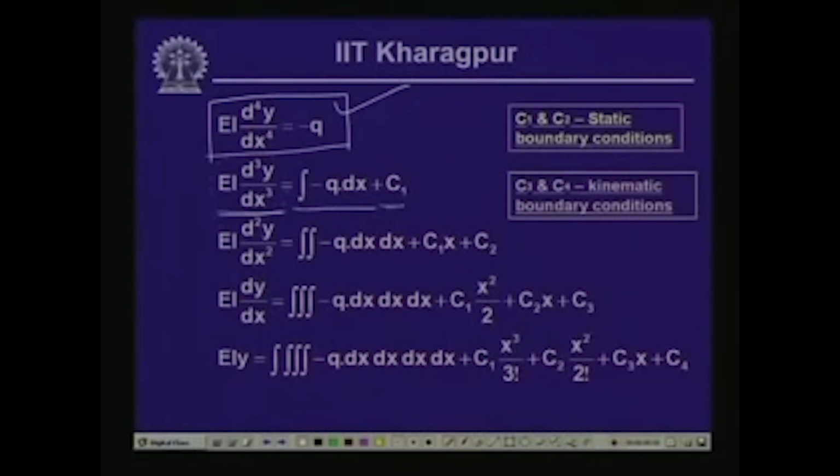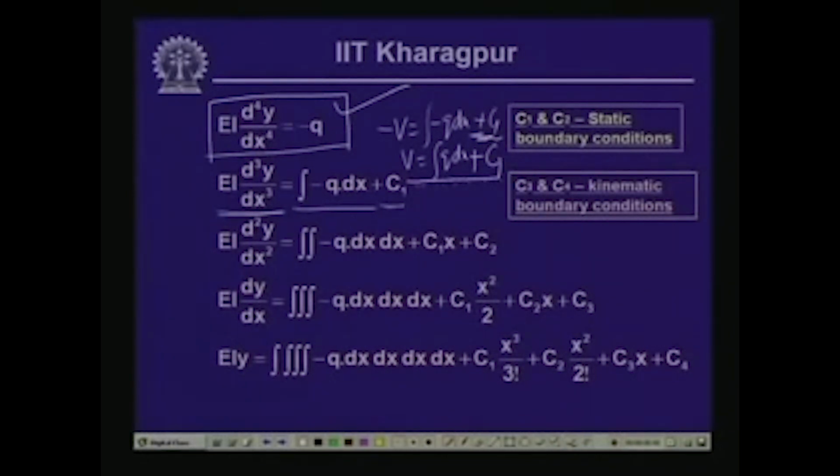If you remember, EI d3y dx3 is nothing but minus V. So minus V equals minus integral of q dx plus c1. We can write this as V equals integral of q dx plus a constant, modified as c1 hat.